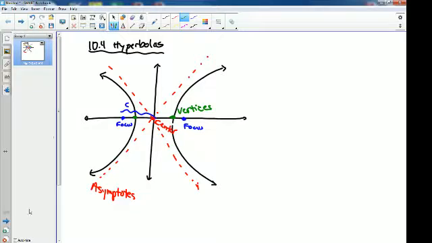The vertices, right? And what was the distance letter? A. Yep. A is the distance from the center to the vertex.